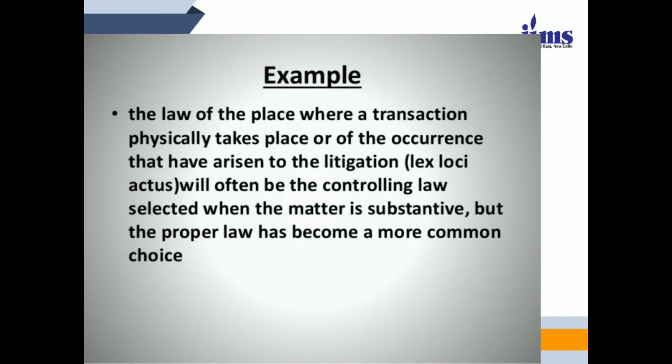Next, the law of the place where a transaction physically takes place, or of the occurrence that has given rise to the litigation, that is known as the lex loci actus, will often be the controlling law selected when the matter is substantive, but the proper law has become the more common choice. So this is one of the easiest examples that I have thought of incorporating.